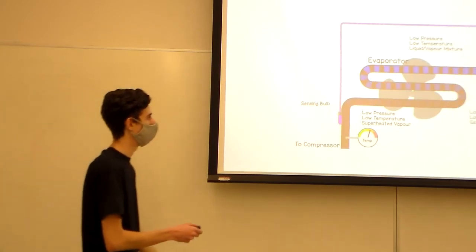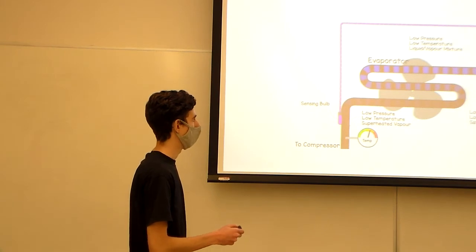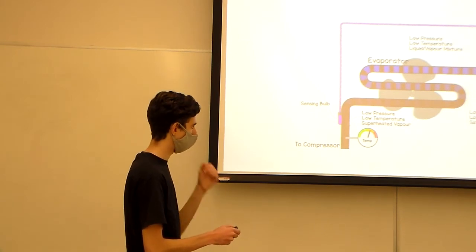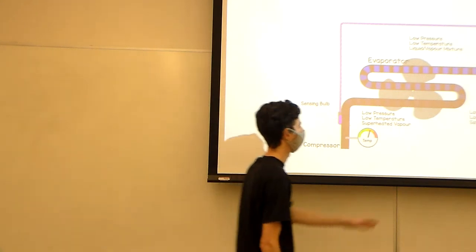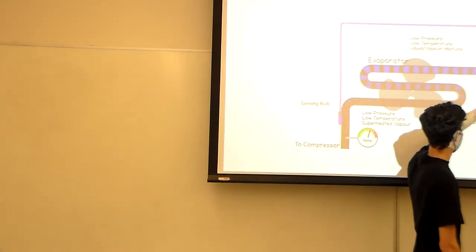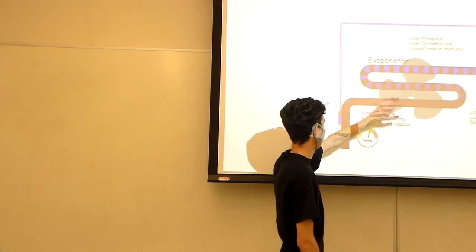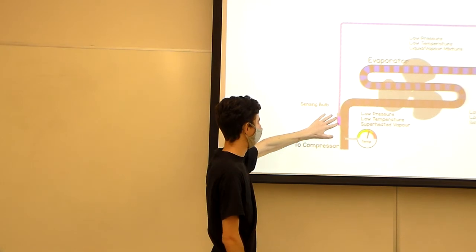And in this slide, you can see that we have the hot, high pressure liquid coming in. And this is the expansion part. And so this whole mechanism can move up and down. And the way it does that is after it goes through the expansion part in the evaporator, they use a sensing bulb.